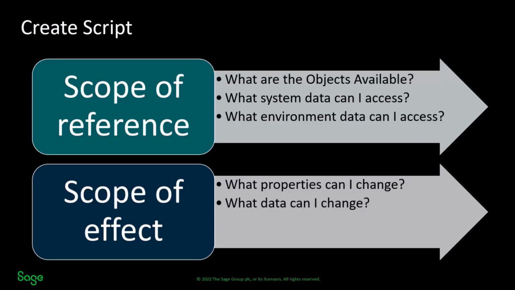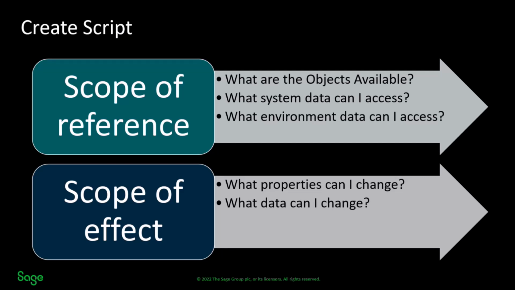That's where we have this idea of the scope of reference and the scope of effect. And sometimes you'll see this inside the blog articles that have been written on the Sage Community Hub. We'll talk about, as we are writing any business rules inside, say, the create script, we will need to think about what are the objects available to me?